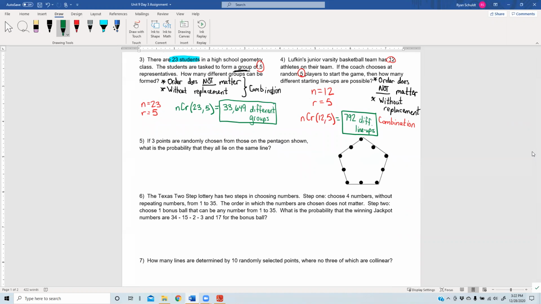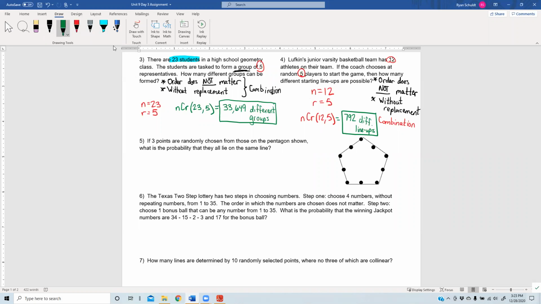Okay, number 5. If 3 points are randomly chosen from those on the pentagon shown, what's the probability that they all lie on the same line? This is just like that example that we saw in the notes, except instead of a rectangle, now we have a pentagon. So how many points are there total on our pentagon?